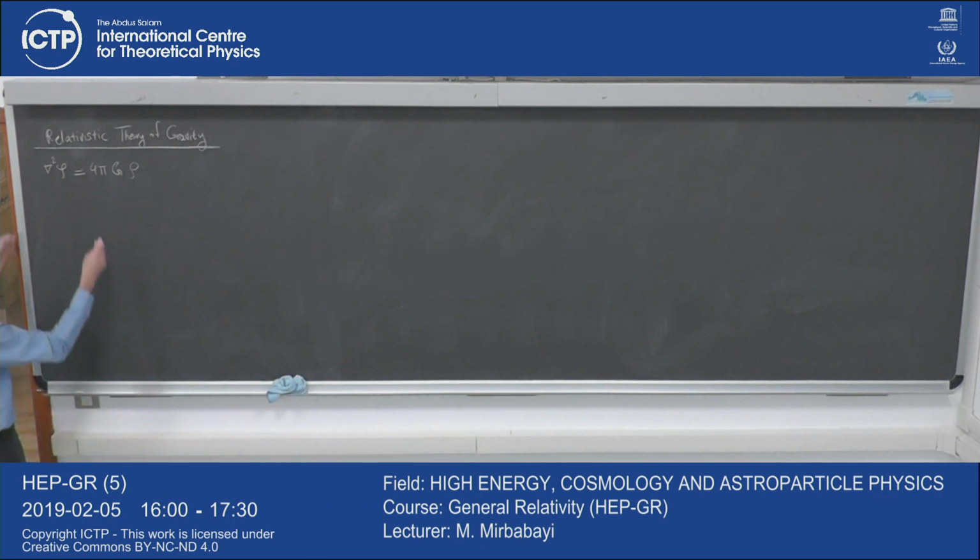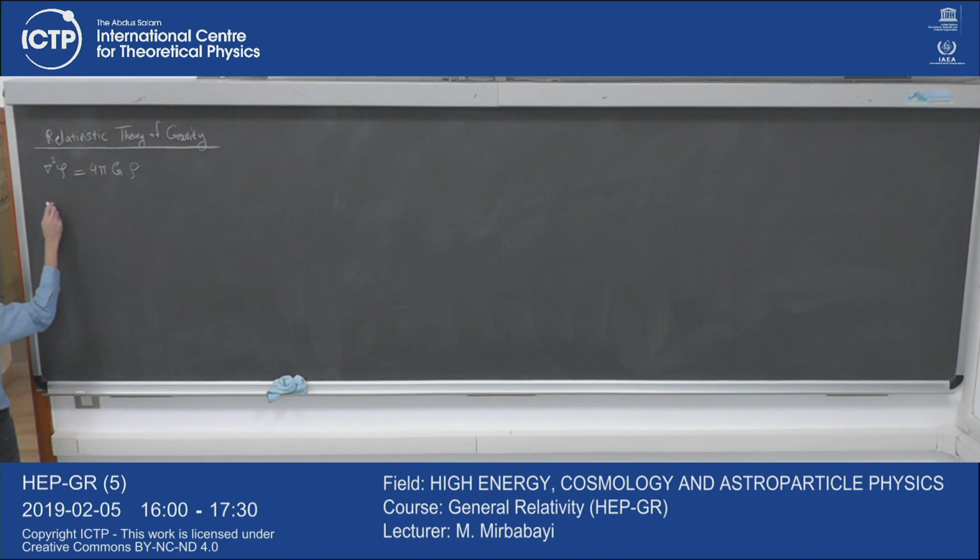Of course, the easiest thing that I can do here is that this equation is non-relativistic. It doesn't make any sense in relativity because I have a Laplacian here, and it describes some instantaneous interaction.